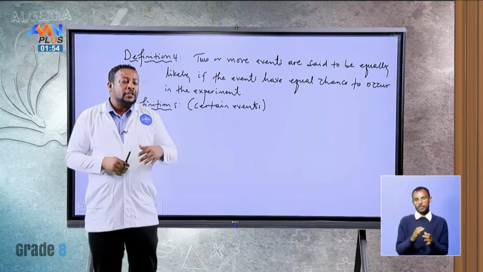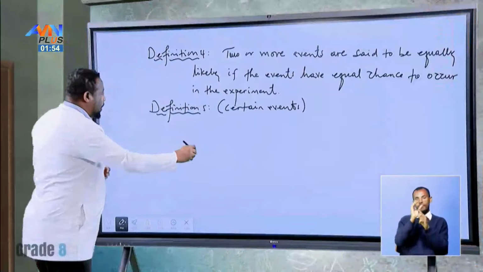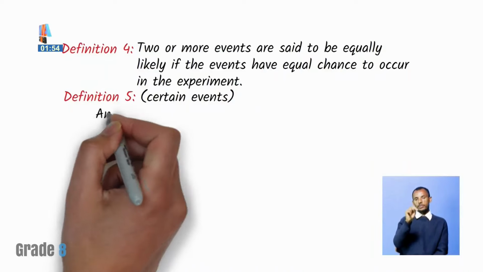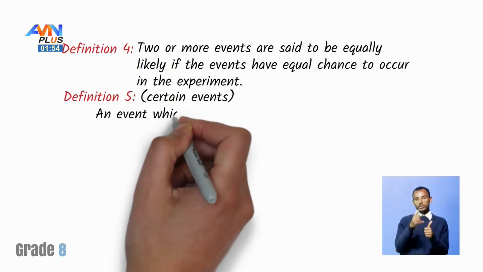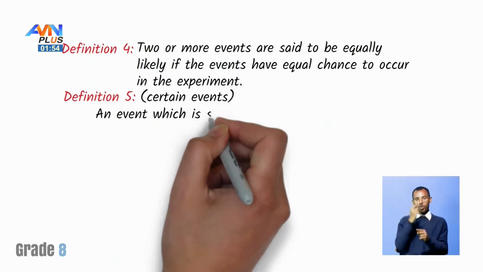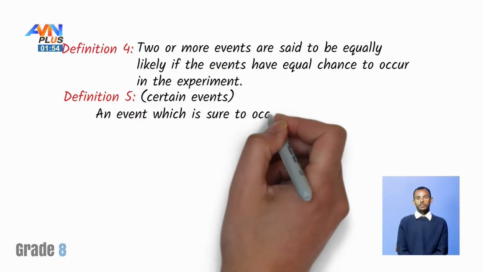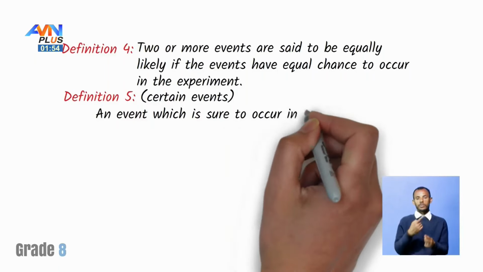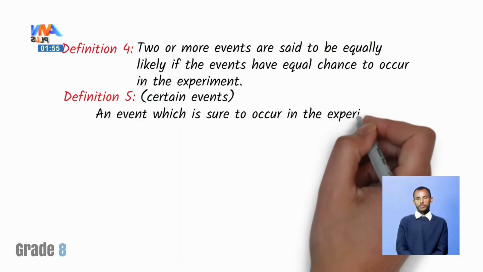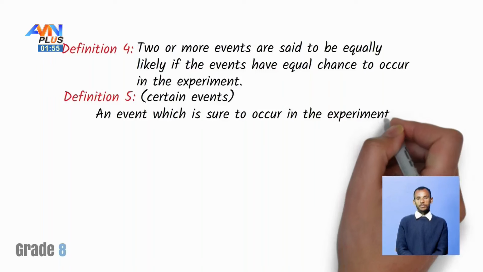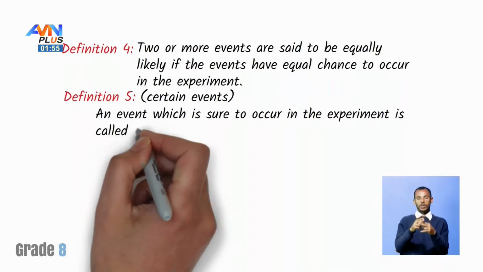So such an event is called a certain event. An event which is sure to occur in the experiment is called a certain event.